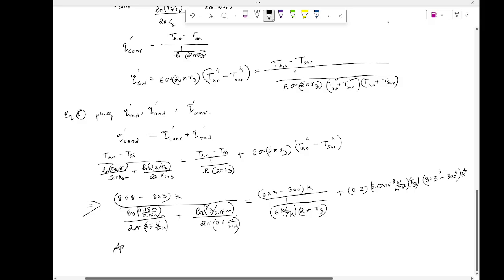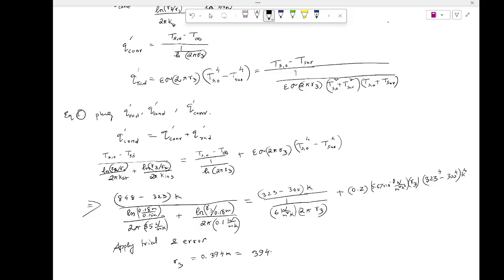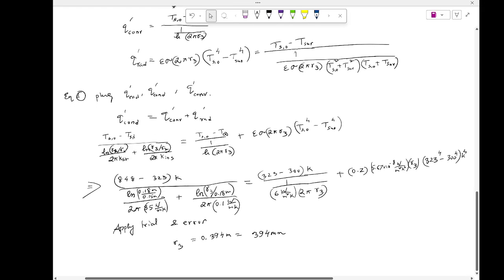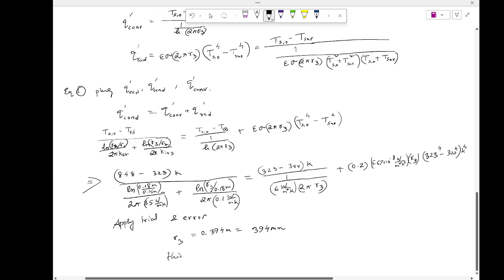Now you're going to apply trial and error, and you're going to find the value. R3 is 0.394 meter, which is 394 millimeter. Okay. So the thickness, that's it. That's your answer.